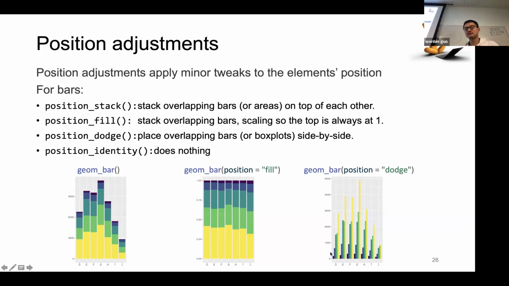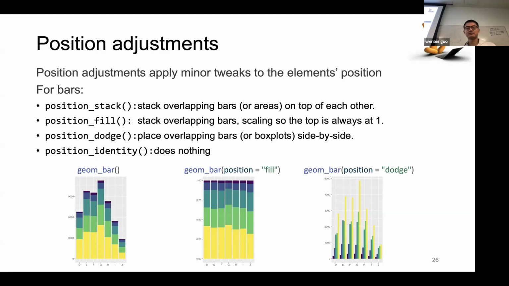So you can consider this a grouped bar plot, and within each group there is also a subgroup, and this subgroup is specified by some variables. And the position identity does nothing. So basically, the bar plots will overlap with each other.